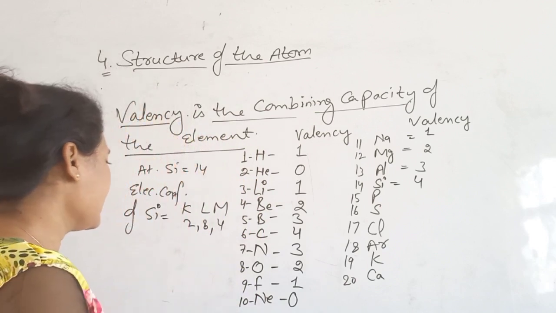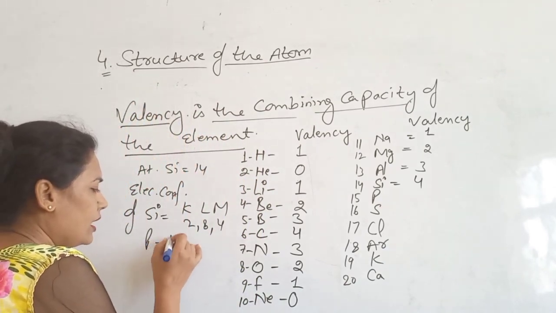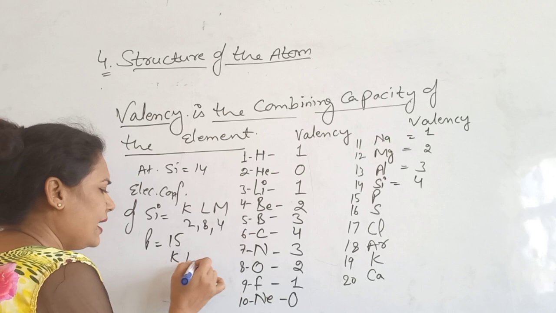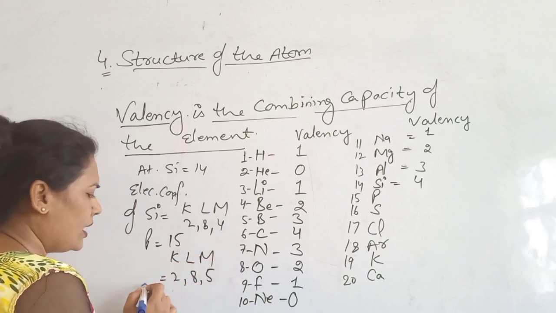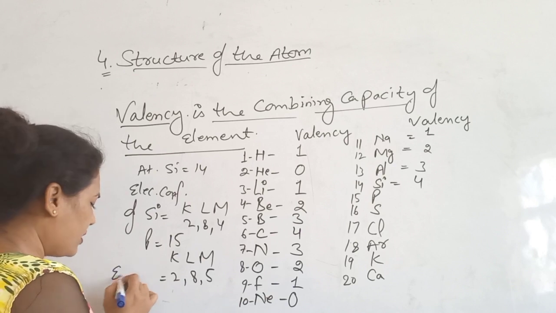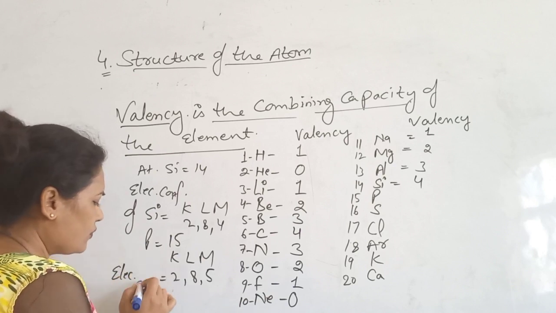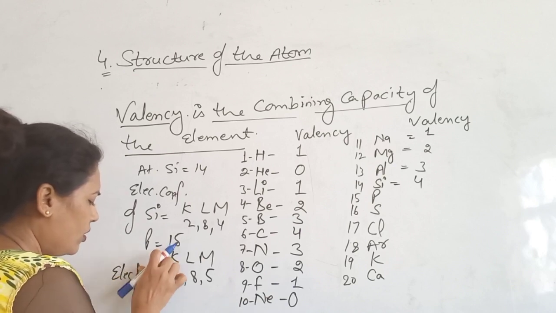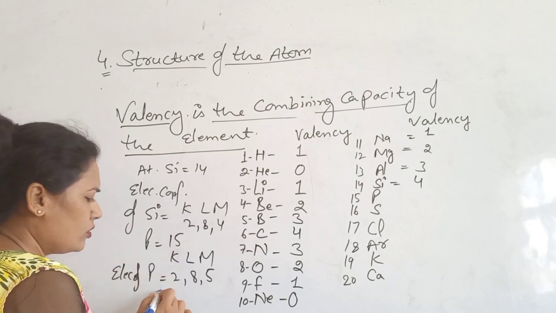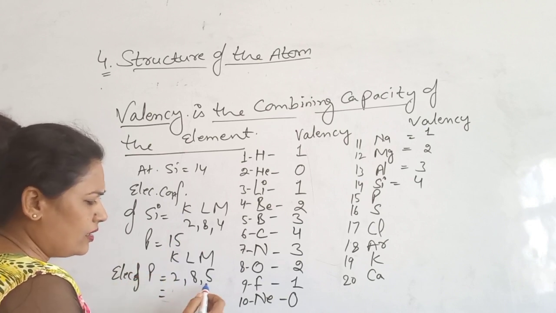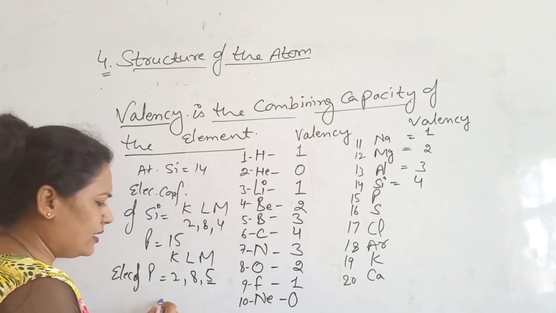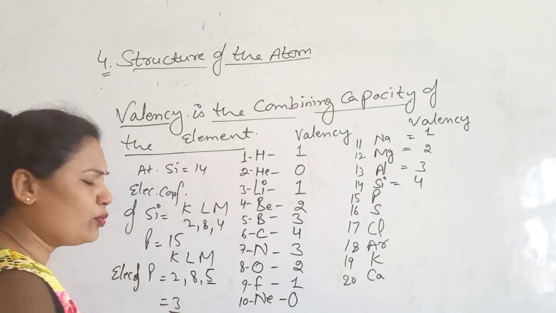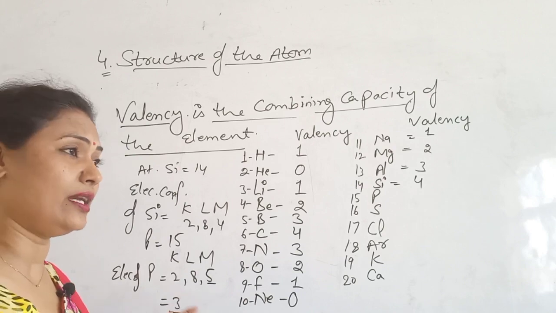Next is phosphorus, atomic number 15. Then we can write K, L, M: 2, 8, 5. Okay, this is the electronic configuration of phosphorus. So what is its valency? 5 is there, so we will do 8 minus 5 and get 3, or you can add to complete it to 8.